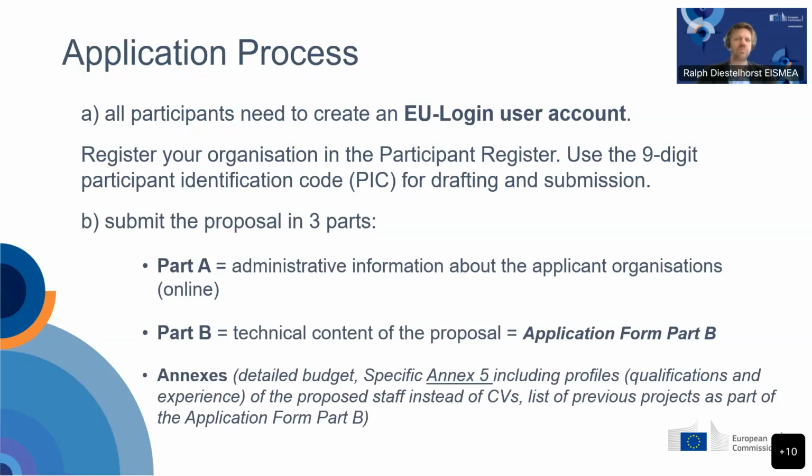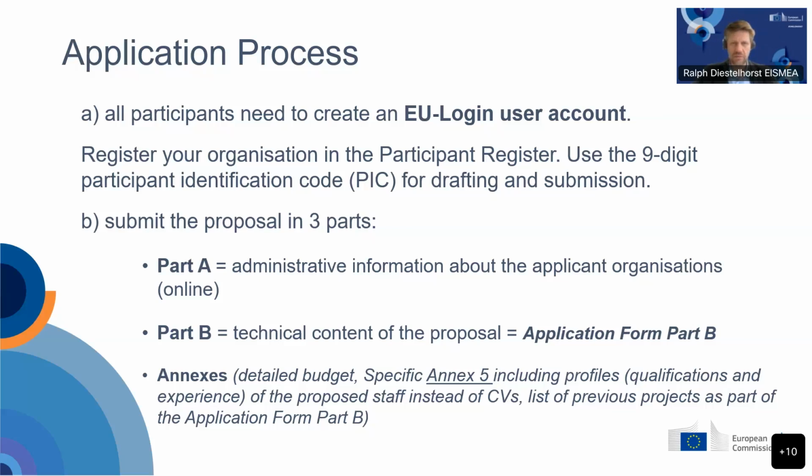So the application process starts with the first step. You need to create a user account, an EU login user account. Without that, there's no way that you apply. So you register your organization in the participants register on the funding and tenders portal. You get a 9-digit participant identification code.